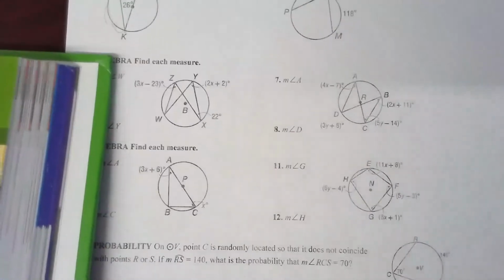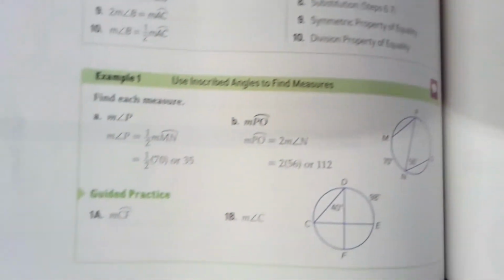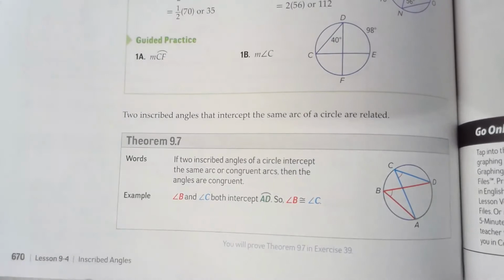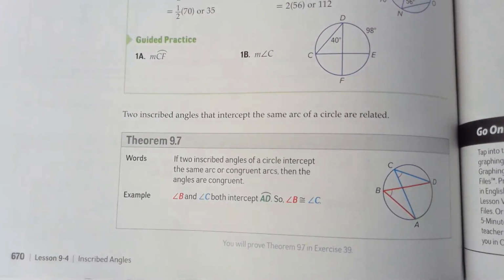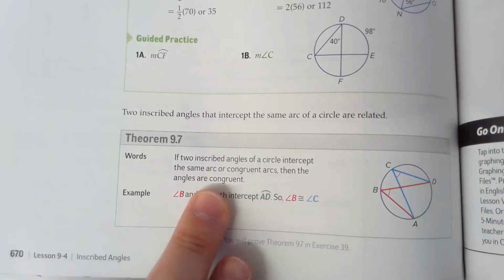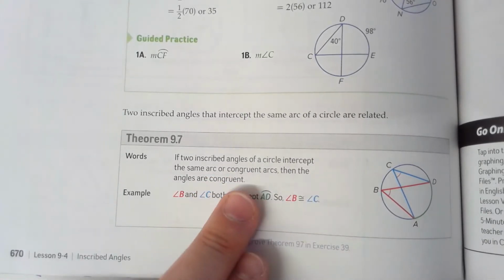I'm going to be looking at our next theorem, which is theorem 9.7. This is on page 670. If two inscribed angles of a circle intercept the same arc or congruent arcs, then the angles are congruent.